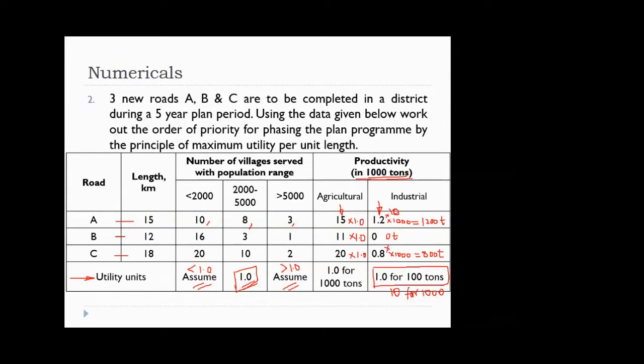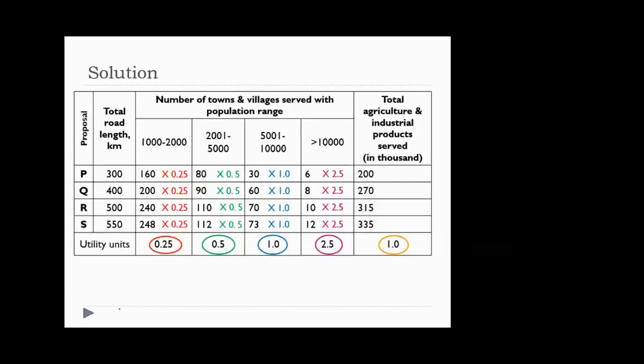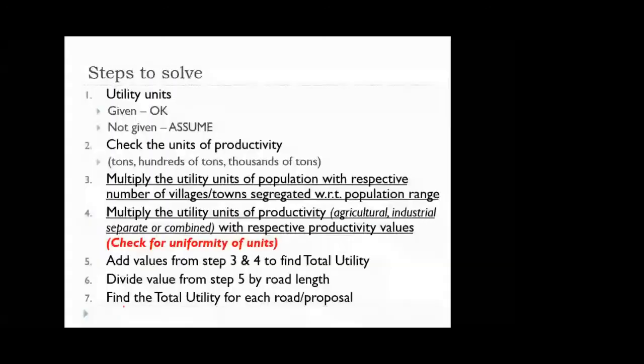And if you don't want to change this utility unit, if you want to keep it 1, then you have to divide this 1.2 by 10, so that both things are in hundreds. That's what I meant when I said that you have to check for uniformity of units. That is the trick, or the confusing part, that you can face in the exams.